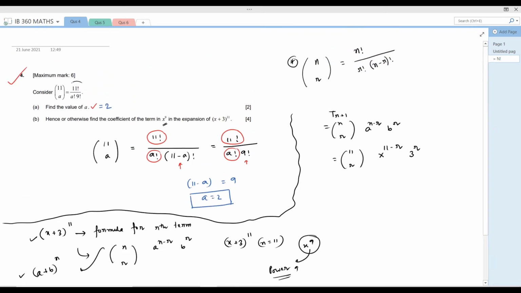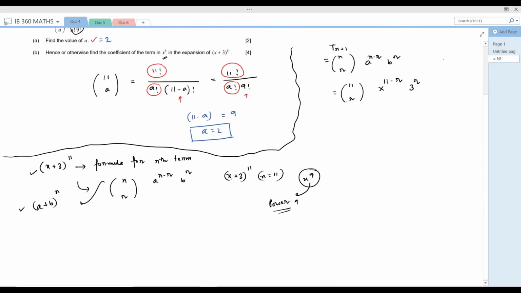Now from this equation, we just have to give it a try. Here you can see it is just in the form that we got 11Cr. So from here we can get 11 minus r. From the previous equation we can write 11 minus r equals 9, just comparing the two equations.